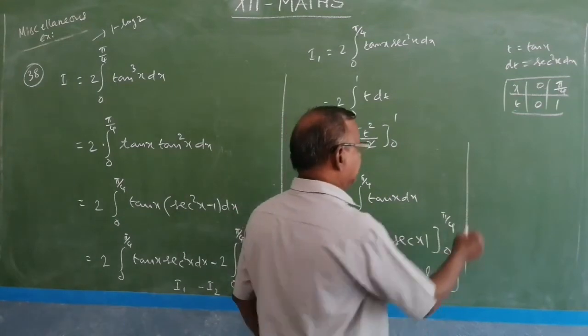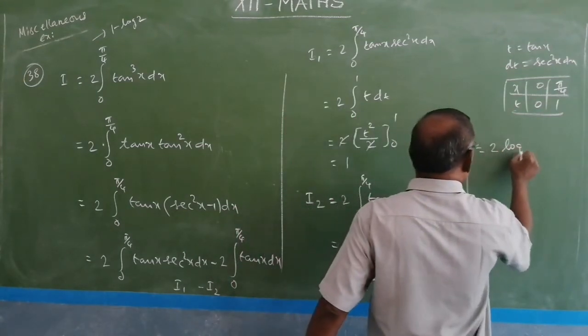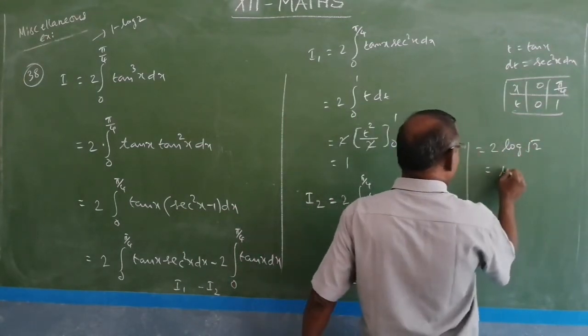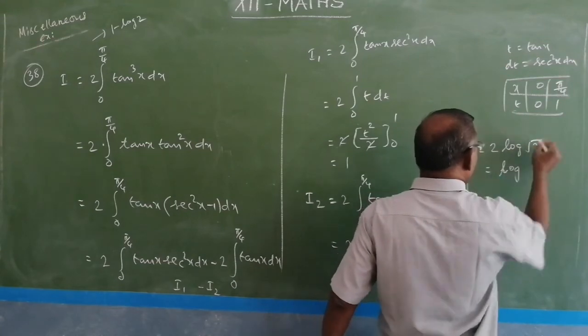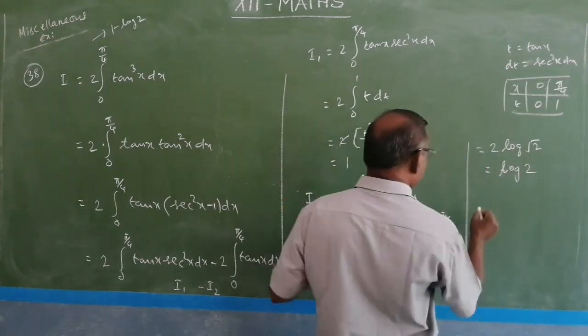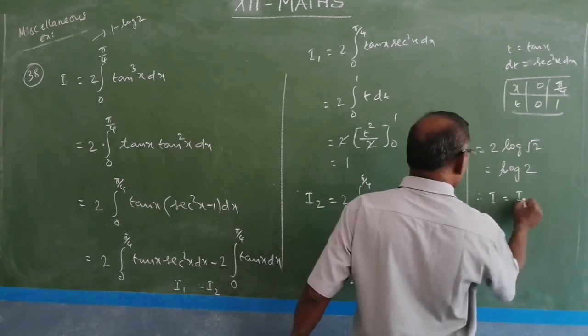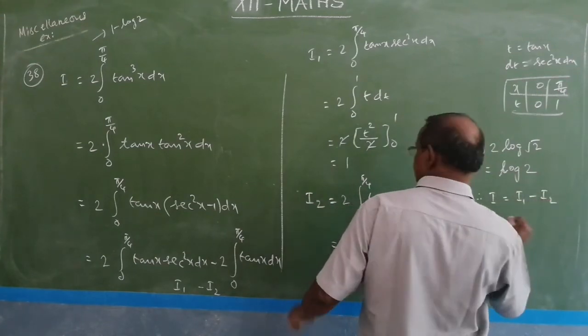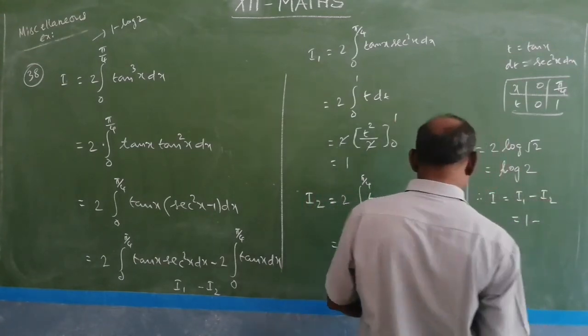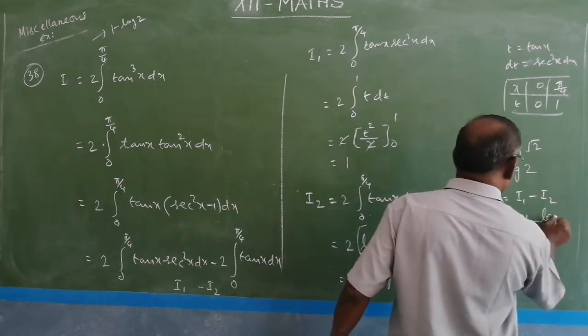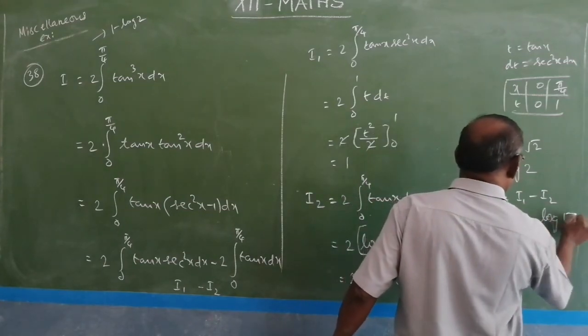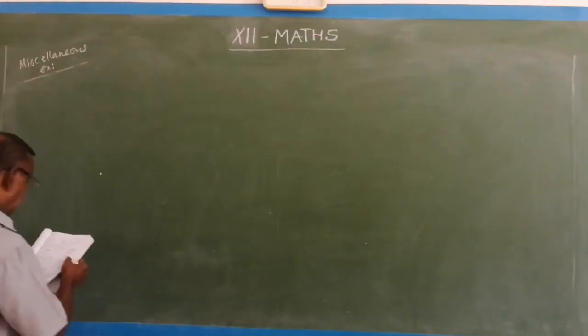So this is equal to 2 log root 2, that is equal to log of root 2 the whole square, equal to log 2. So now I equal to I1 minus I2, I1 equal to 1, minus I2 equal to log 2. Question number 39.